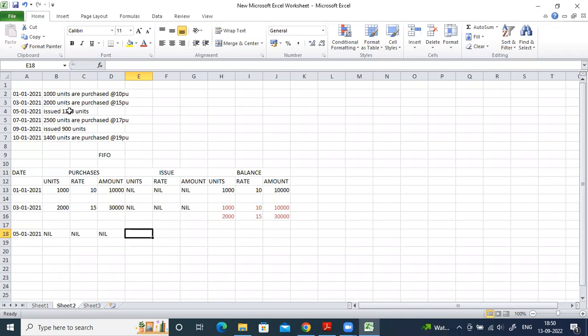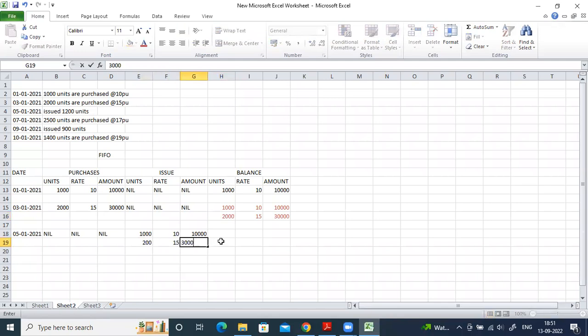How many units are issuing here? 1,200 units. But the first lot is only 1,000. So 1,000 at 10, that is 10,000, and we need another 200 units. That 200 units you need to take from the next lot. 200 at 15, 3,000.